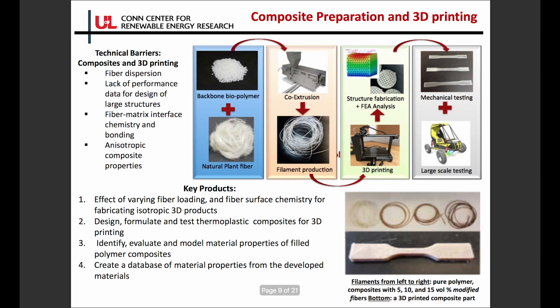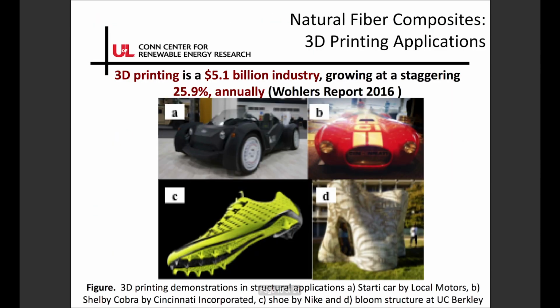The other reason for our interest in 3D printing is that this is going to be a $5 billion industry. When you look at shoes, Nikes versus automotives, everything is going to be eventually 3D printed. With auto parts, everything, custom-made auto parts, Tesla is using 3D printed material.